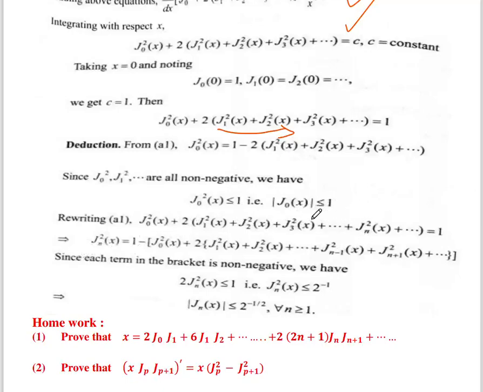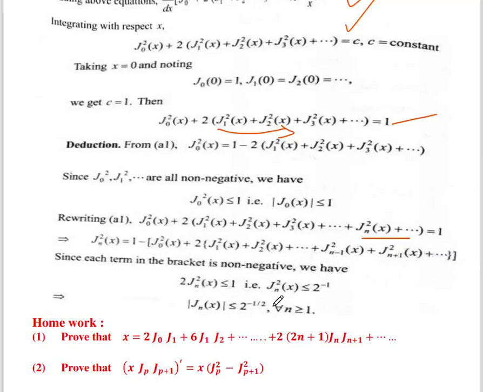Okay, so again from equation number A1, rewriting J0 square of x plus 2 (J1 square plus and so on up to n terms) equal to 1. So J0 square of x equal to 1 minus, so transferring this term to the right-hand side, we get a minus term, all the terms as they are.